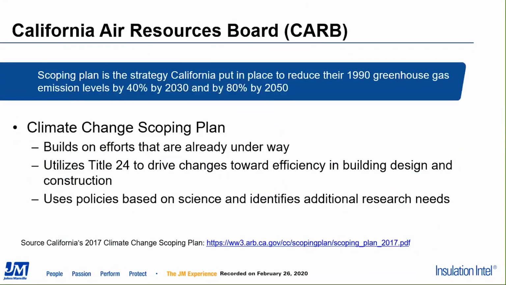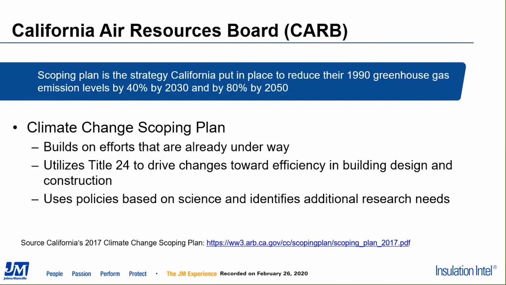Related to climate change, California has what's called their climate change scoping plan, which is a long-term strategy that was put in place with the goal to reduce California's greenhouse gas emissions by 40% by 2030 compared to 1990 levels, and by 80% by 2050. And really the plan here is to build on efforts, right, that are already underway.